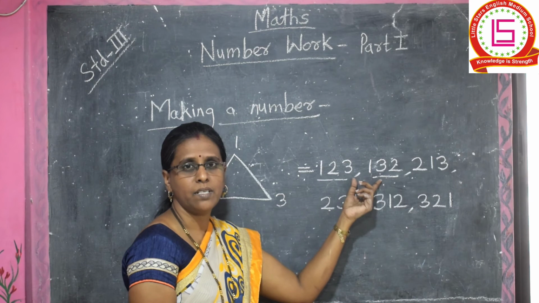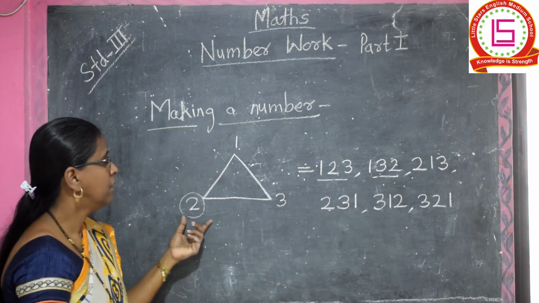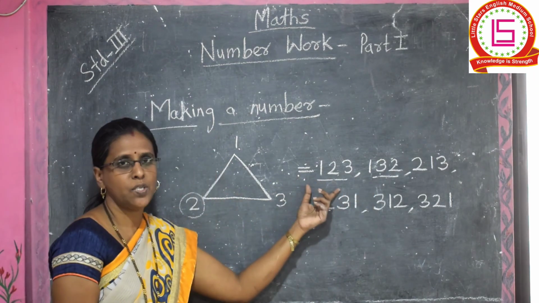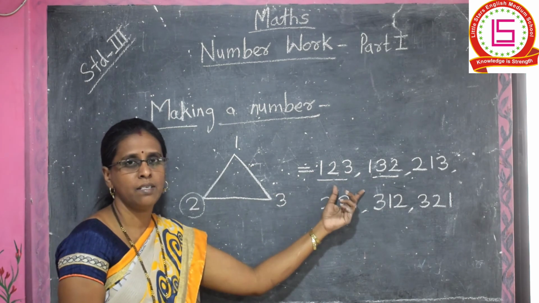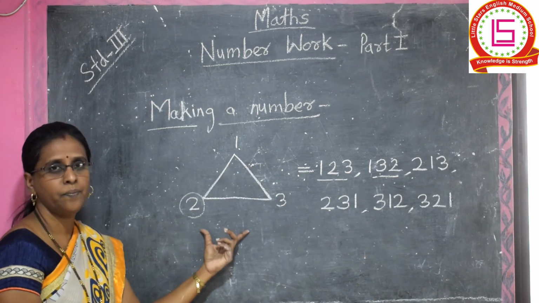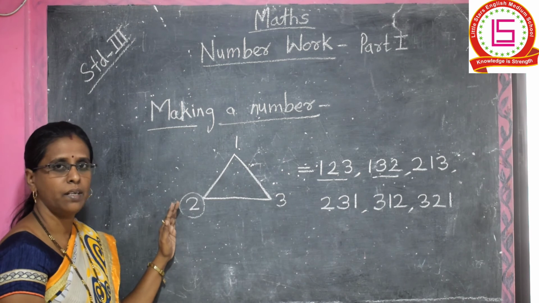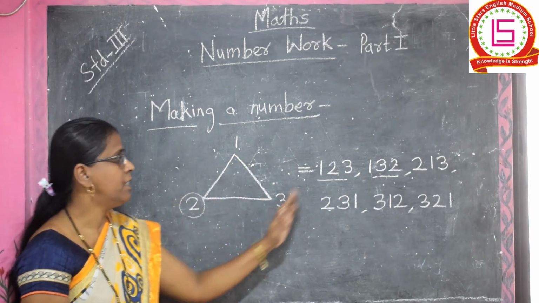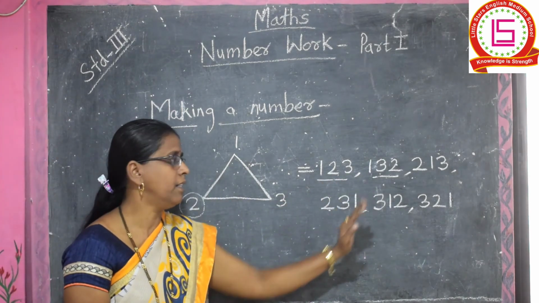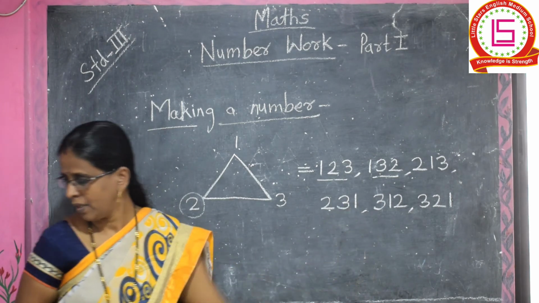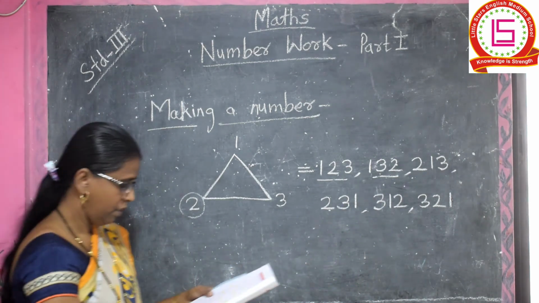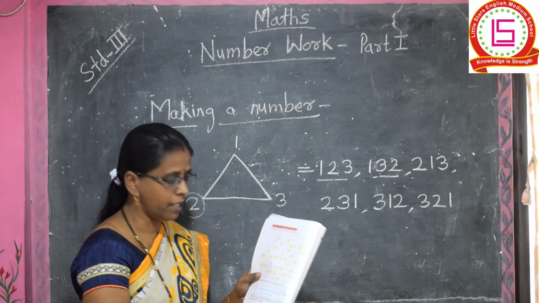3 digits, 6 numbers. Okay, understood how to make these numbers by using these digits? It's very simple. Take these digits one at a time and write the numbers. Then see, here some examples are given for you.